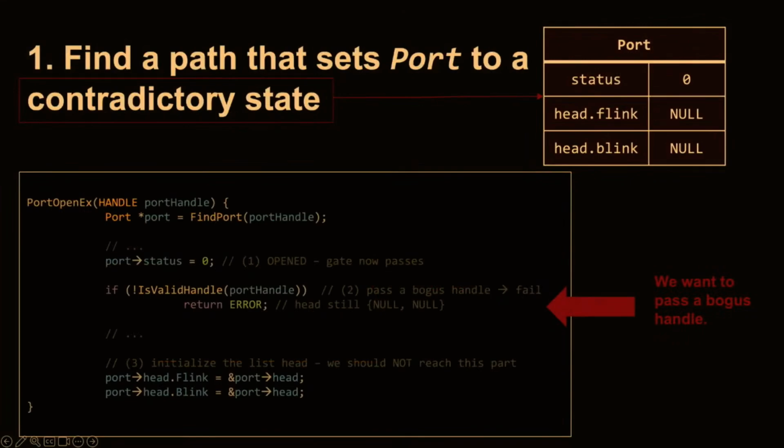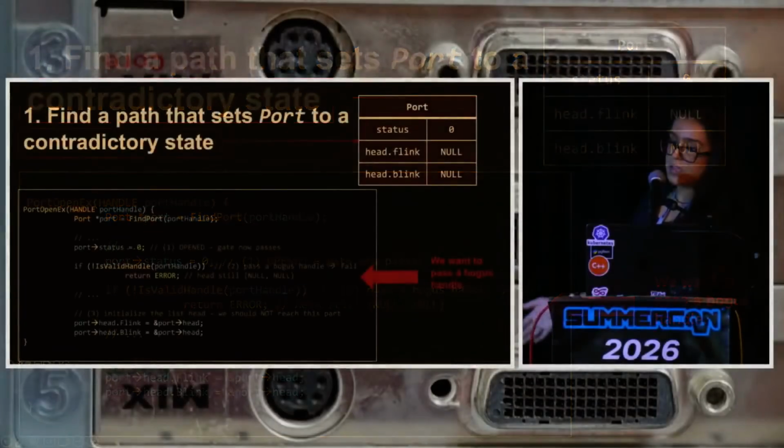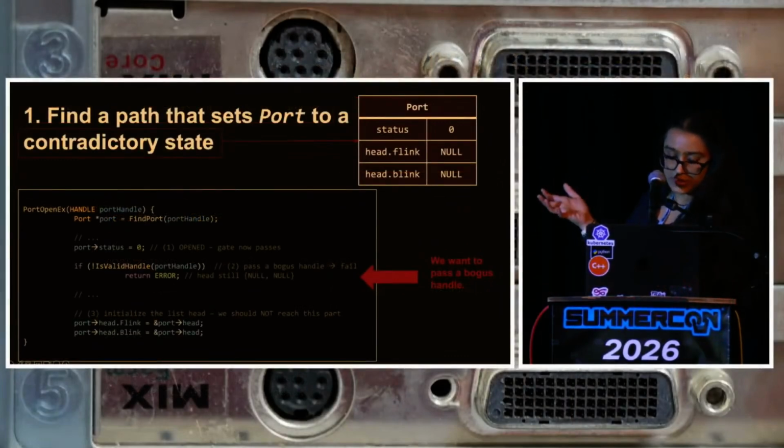But if some of that logic fails, it'll exit out of that function early, still leaving the status set to 0, but it won't do the cleanup. And the initialization of the head.flink and the head.blink happens at the very end of the function. So we've reached this contradictory state where the status is set to 0, but because we triggered the function to exit early, the flink and the blink values are not initialized.